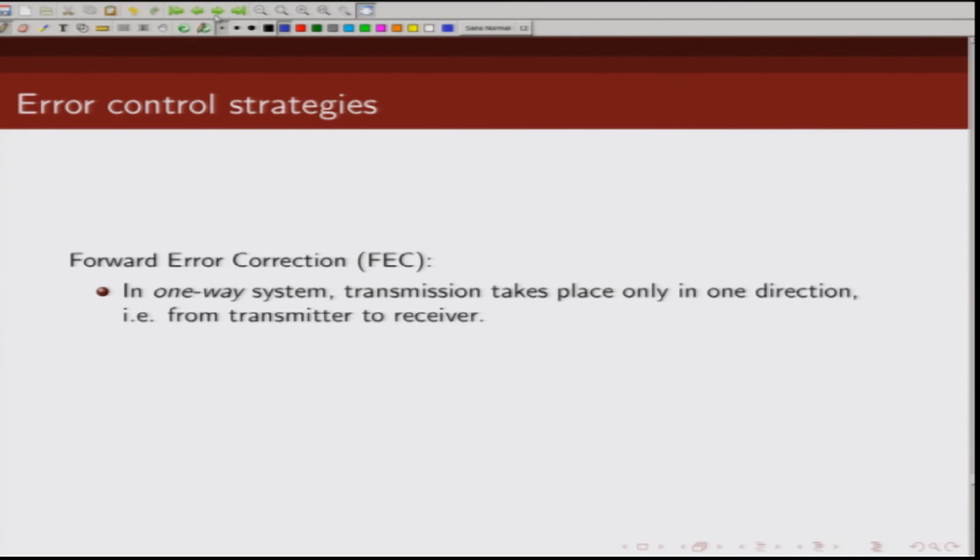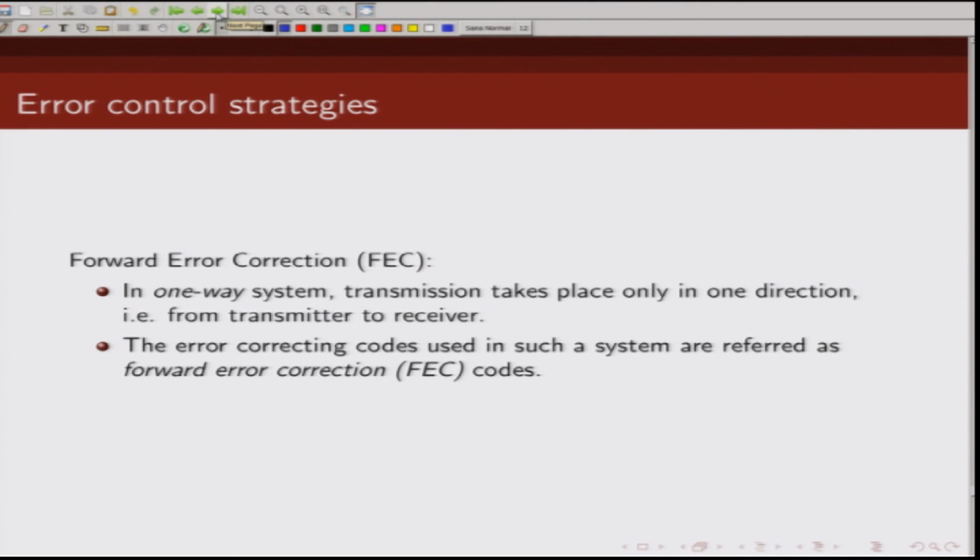In those systems, the error correcting codes that are used are known as FEC. So, when you hear this term FEC code, it basically means the error correcting code used when we are using transmission one way from transmitter to receiver.